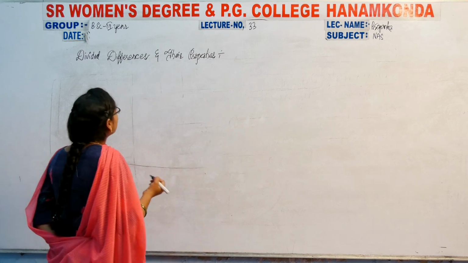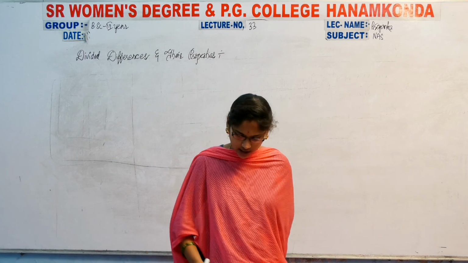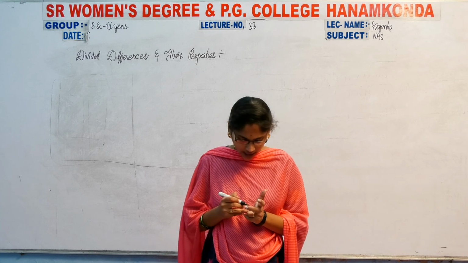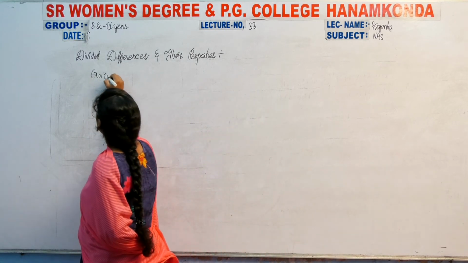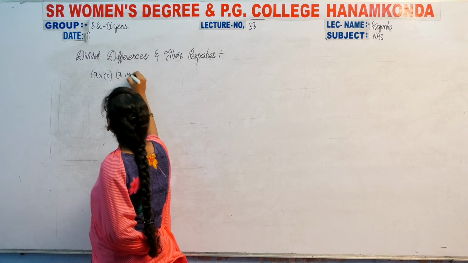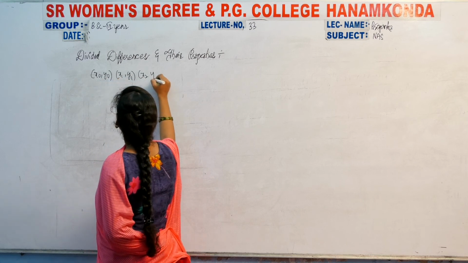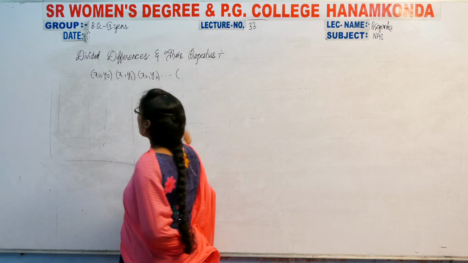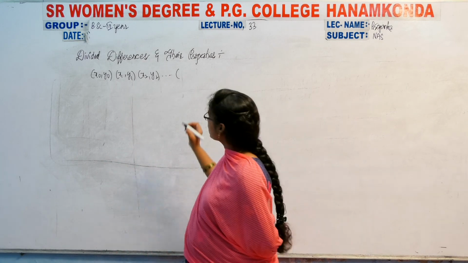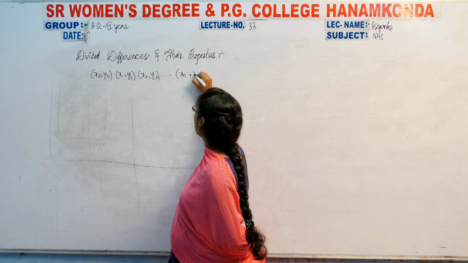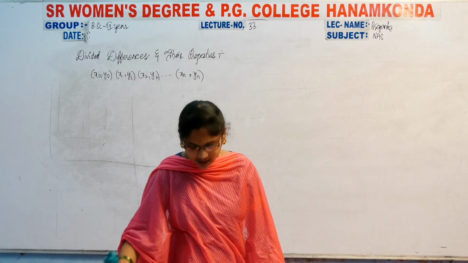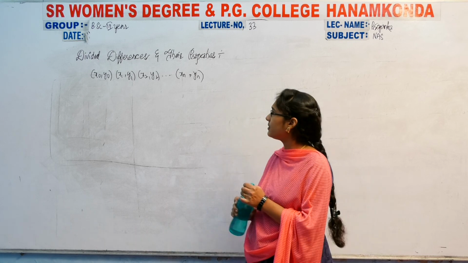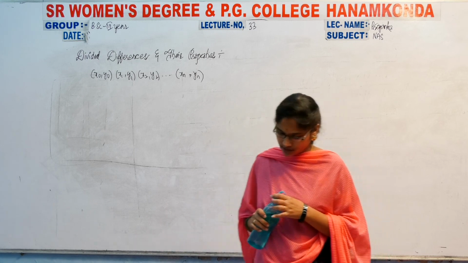Okay, so now divided differences means simply, see here, write down. Let x0, y0, x1, y1, x2, y2, and so on up to xn, yn be the given n plus 1 points.